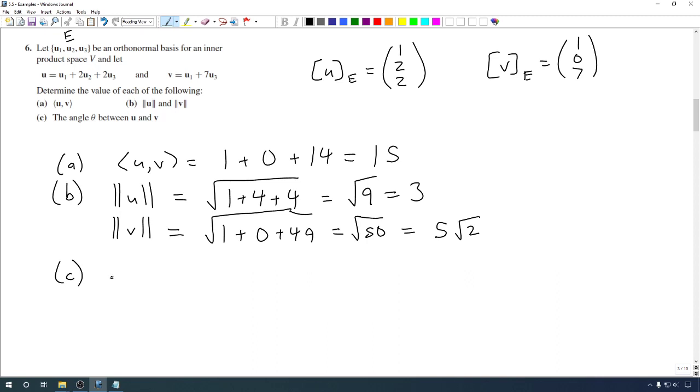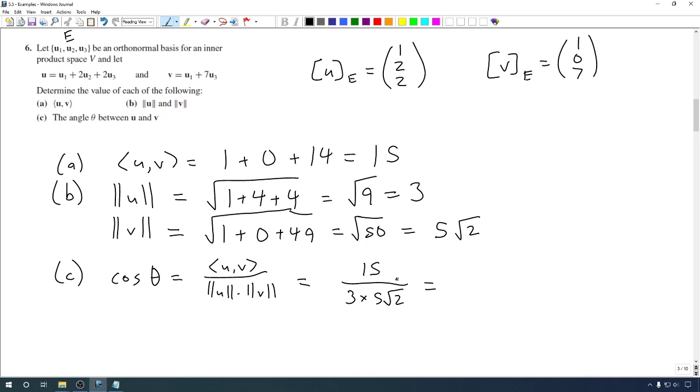Finally, for c, remember we have this formula for angles. The cosine of that angle is the inner product over the product of the magnitudes. We have those values from a and b. So inner product is 15, then we have 3 times 5 square root 2.